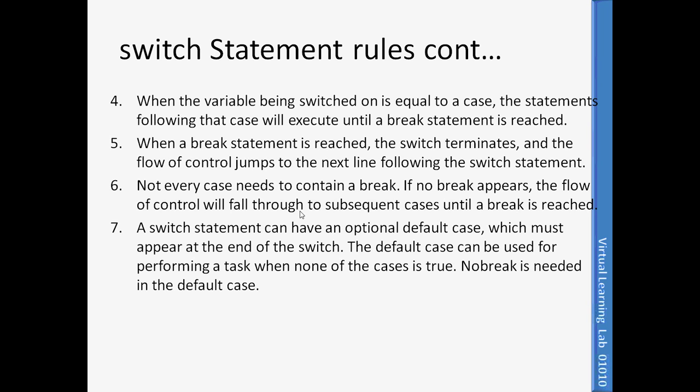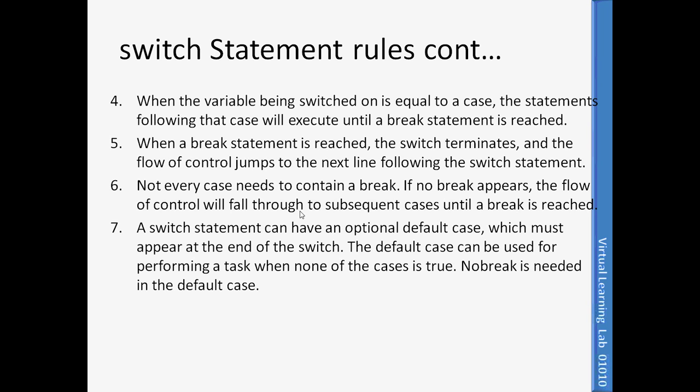When the variable being switched on is equal to a case, the statements following that case will be executed until a break statement is reached. It'll check one by one, top to bottom. If any statement is true, it will print the subsequent message, otherwise the default message gets printed. When a break statement is reached, the switch terminates. Not every case needs to contain a break.